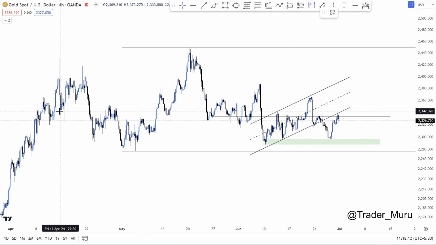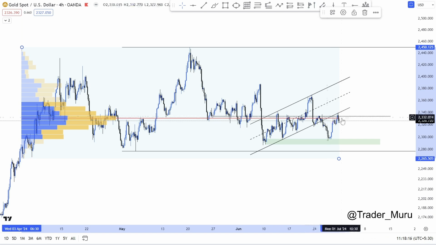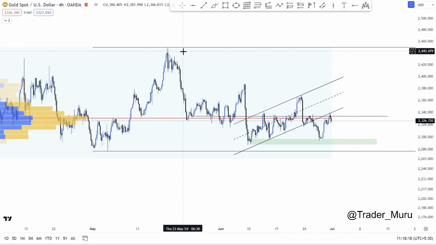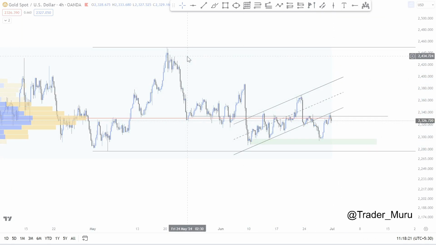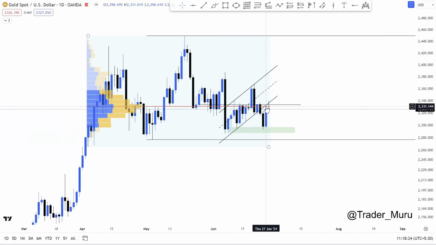is the highest volume area, which is the POC. In the daily time frame we can say gold is rejecting from this POC, which means it can reject and go downside if it does not flip this area.